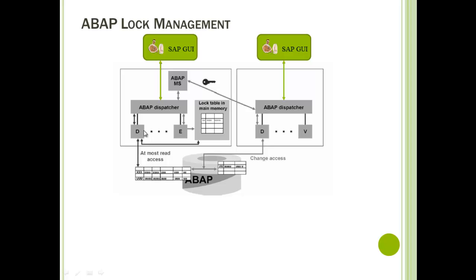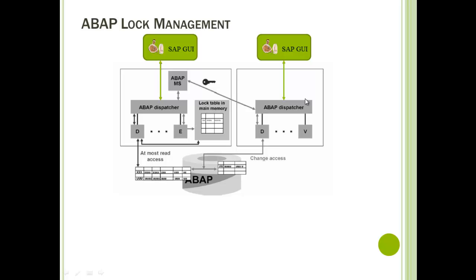Let's assume you are doing your own program. Then you need to ask the NQ work process explicitly to lock this specific table. The NQ work process also checks whether any existing locks are available for this specific table and entry. If that is the case, then it will refuse the lock. Now assume you are requesting from a different instance, because as we know the NQ work process is only one.